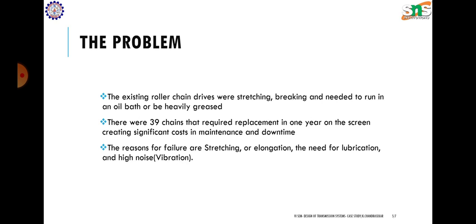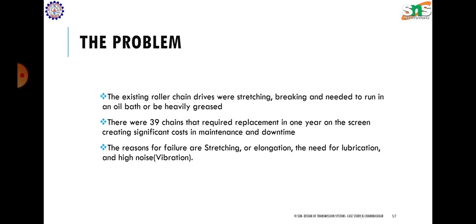Then what's the problem? All the things are going fine, then why does a problem arise? What is that problem? The existing roller chains were stretching, breaking, and needed to run in an oil bath or be heavily greased. So the problem is stretching.